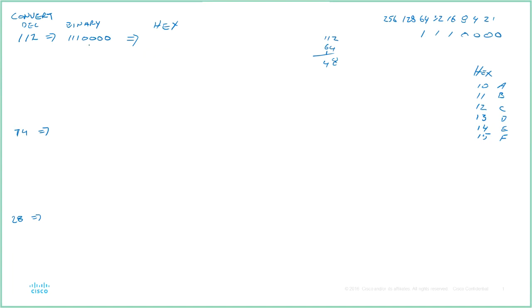converting it to hex, we separate it into our 2 4-bit sections. So we take this one first, which is 421, which is 7.